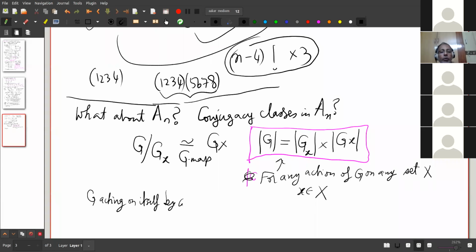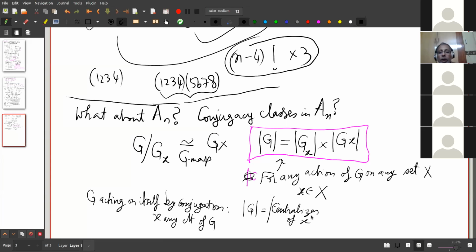If you apply it to this context, then you get this special case: the order of G is the number of elements of the centralizer of an element x, where x is any element of G, times the number of elements of the conjugacy class of x. This is a special case of this formula, and this is a very powerful formula.